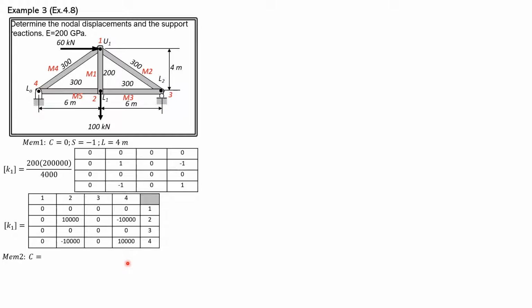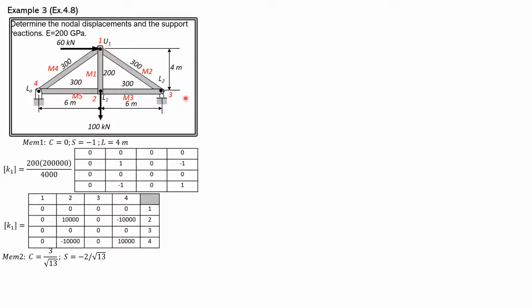Then for member 2, the cosine, it is down to the right. The slope is 6 horizontal, 4 vertical, so that means 3 horizontal, 2 vertical. So the cosine is positive 3 over square root of 13. The sine is negative 2 over square root of 13, because the direction from 1 to 3 is down to the right.